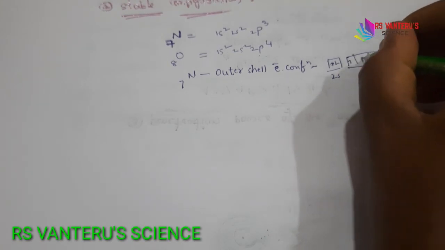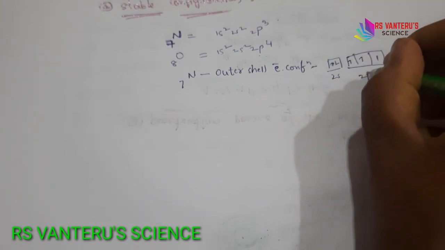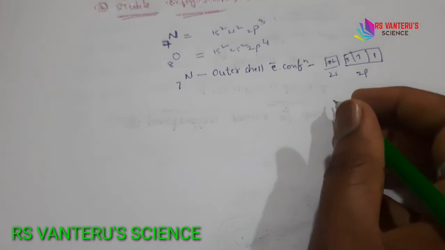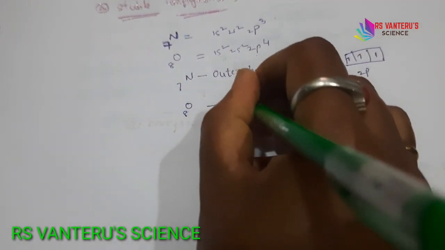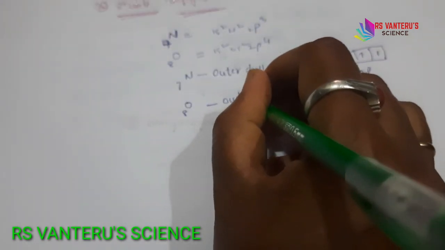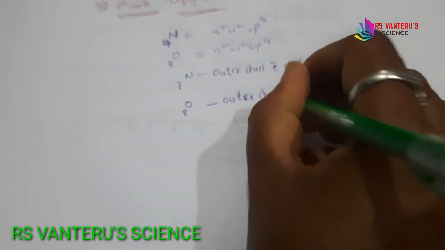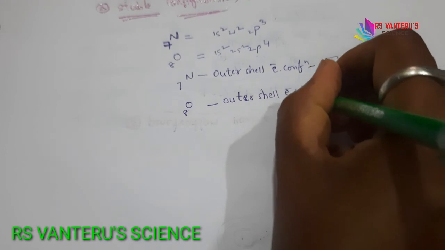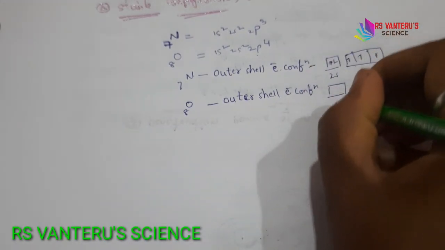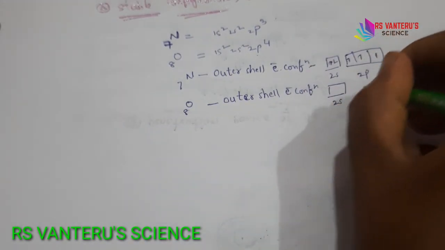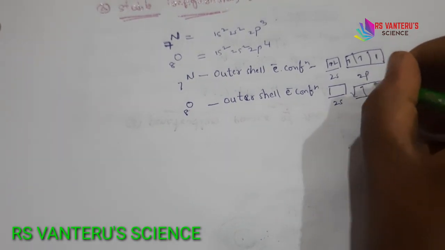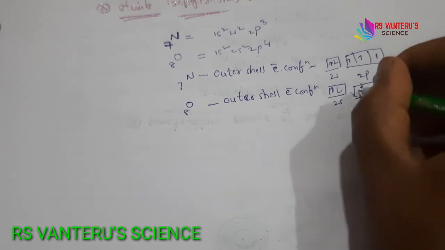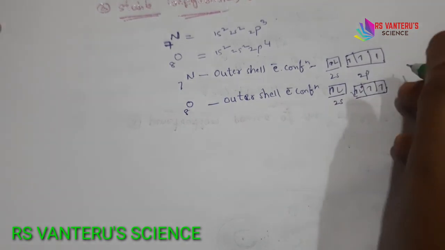Oxygen outer shell electron configuration is 2s2 and 2p4.